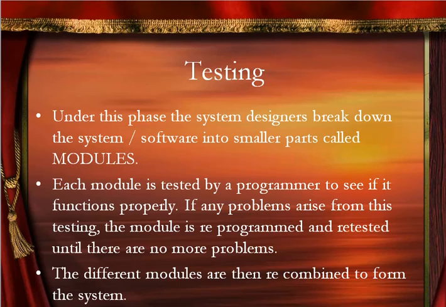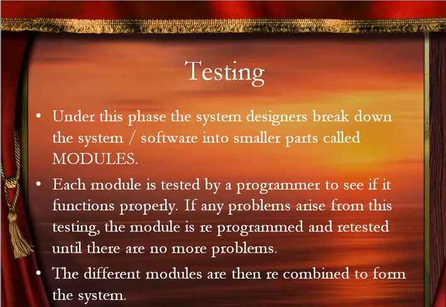What do we do under the testing phase? Under the testing, the system is broken down into various small parts, which we're going to call modules. And each small part, each module, is given to a different programmer. The programmer designs that module, develops it, and then tests it to make sure that it functions properly.